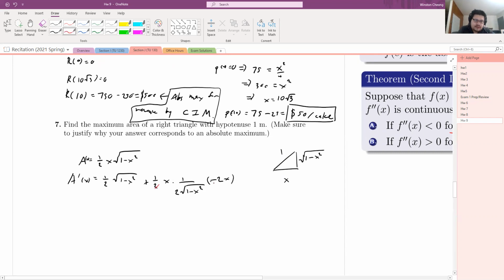Right. And for this problem, I could probably do all the algebra with you, but I won't be able to do that very soon because of time. So what I will do is pull out a 1/2 and put everything over a common denominator of the square root of 1 minus x squared. And notice that that means I'm going to end up squaring this thing in the square root.